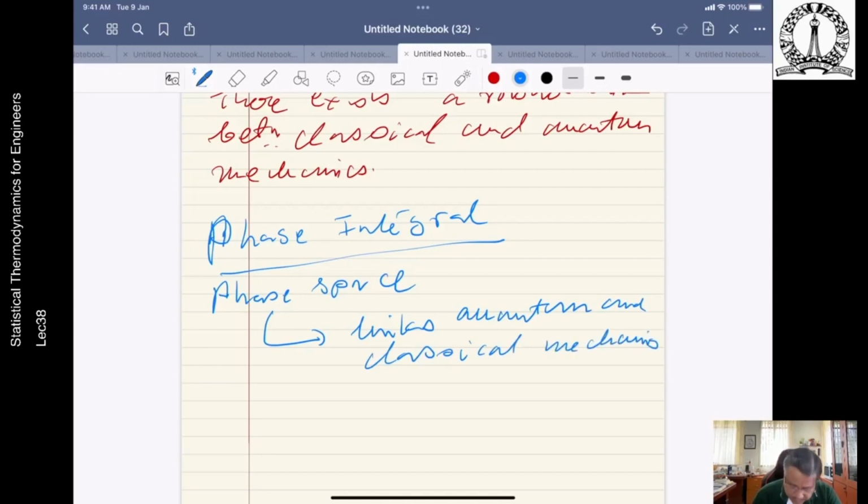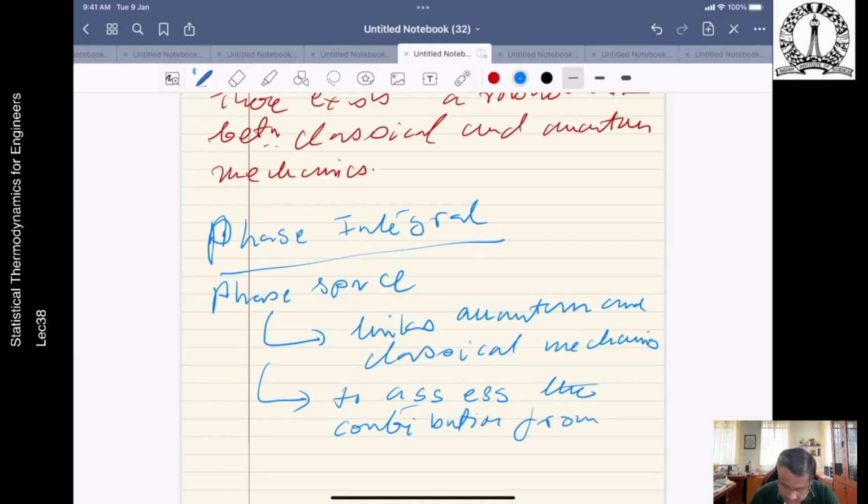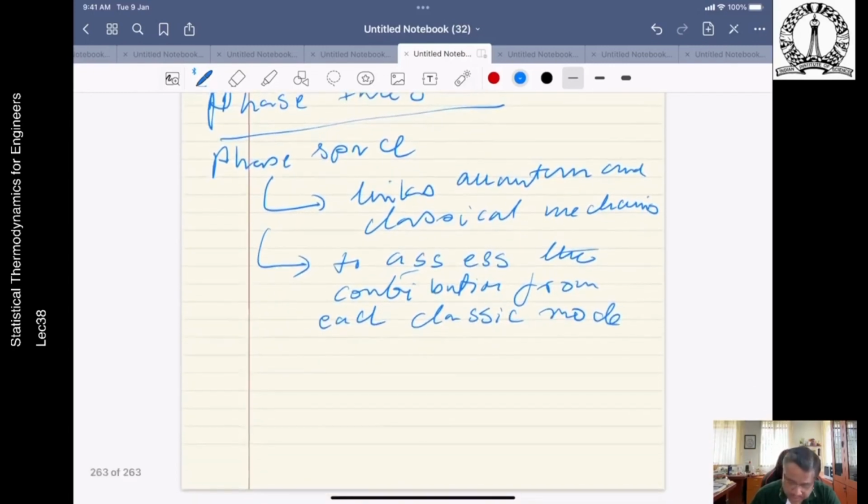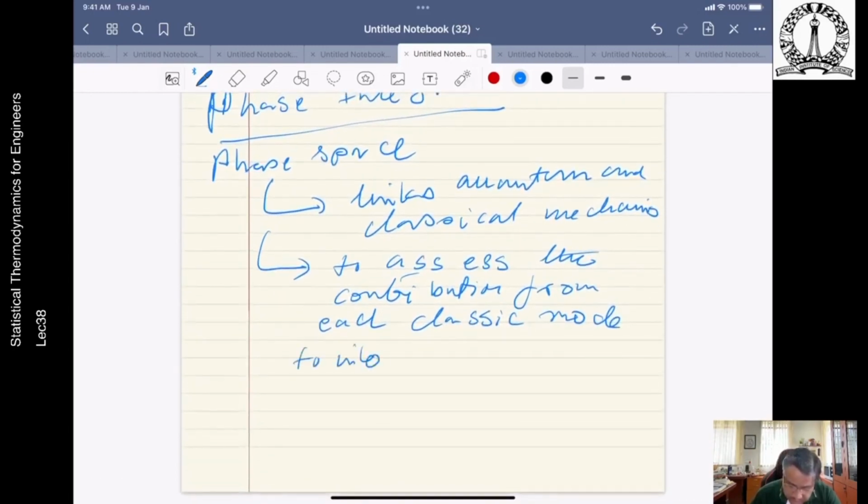And it is used to assess the contribution from each classical mode to internal energy U or specific heat CV.